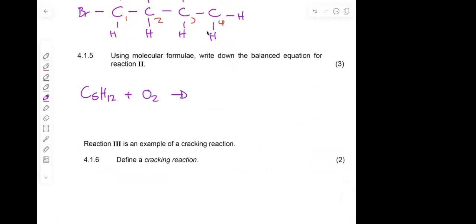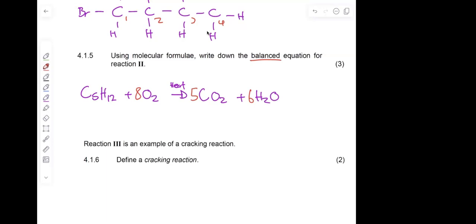And this is going to be in the presence of heat. This is a combustion reaction. Combustion reactions will give us, as products, carbon dioxide plus water. And then if you go and you balance your reaction, what you'll find is that you need 8 oxygens, and then you need 5 carbon dioxide, and you need 6 water to have this reaction balanced, right? They did specifically ask for the balanced equation. You must put that in there. It is quite important.